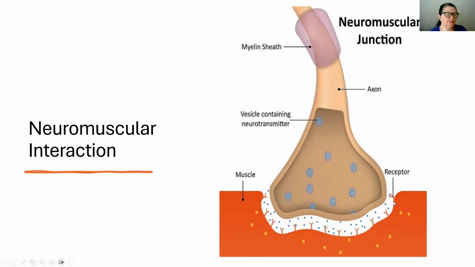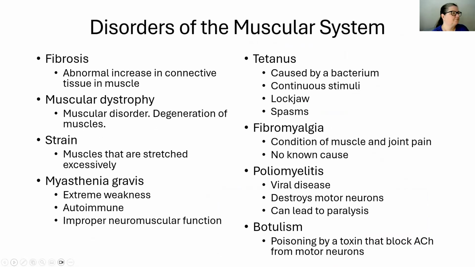I hope that's big enough for you to see. They fit together beautifully like a lock and key, and that action potential is relayed to the muscle, and the muscle then reacts however it is intended to react at that point. So that whole area between muscle, receptor, and axon from the nerve cell is known as the neuromuscular interaction and the neuromuscular junction.